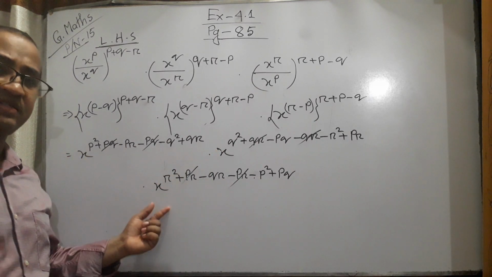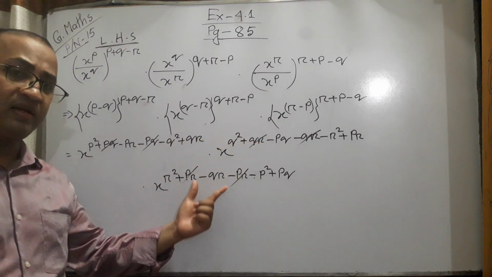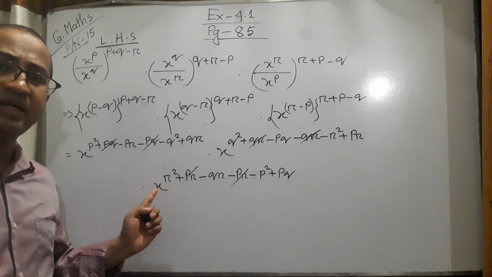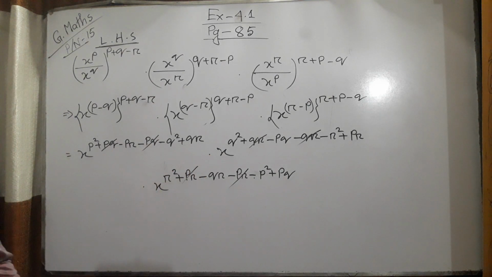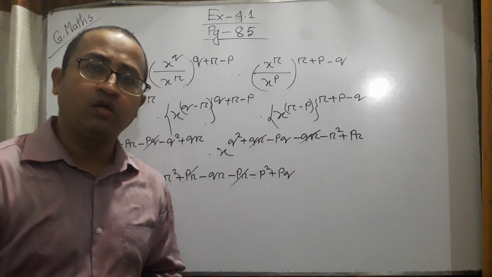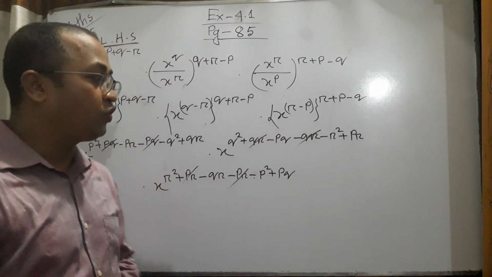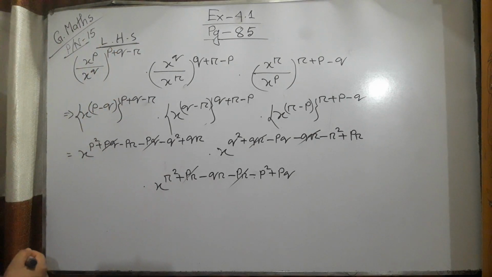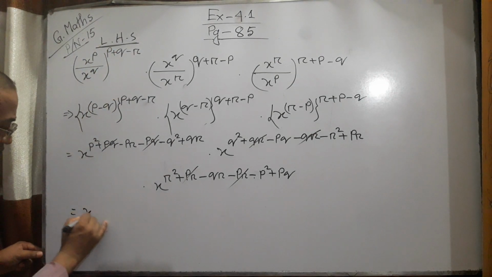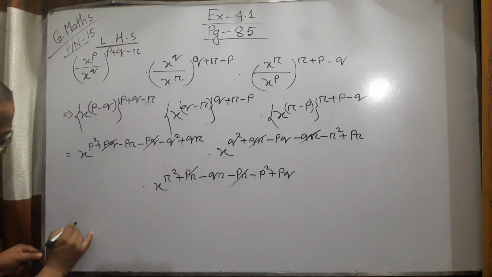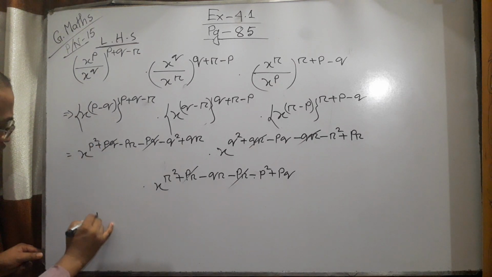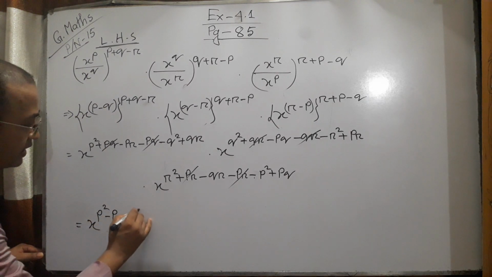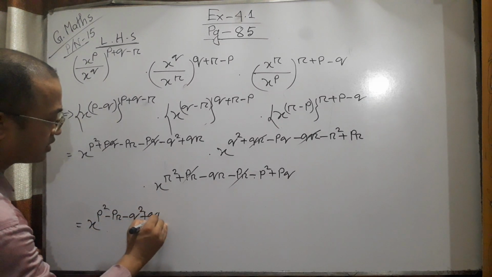All the bases are the same, and these 3 expressions are multiplied with each other. So here we can apply the multiplication law. That is, we will add all the powers. That is x to the power p square minus pr minus q square plus qr.